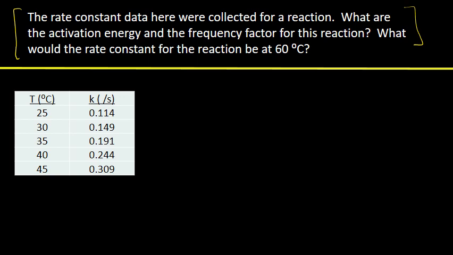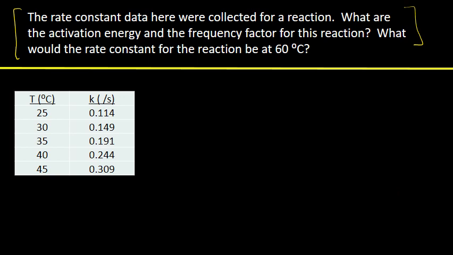All right, to get the activation energy, we need to get that plot, right, of 1 over T versus natural log of the rate constant. So we're going to take all of this data and expand our data table a little bit.